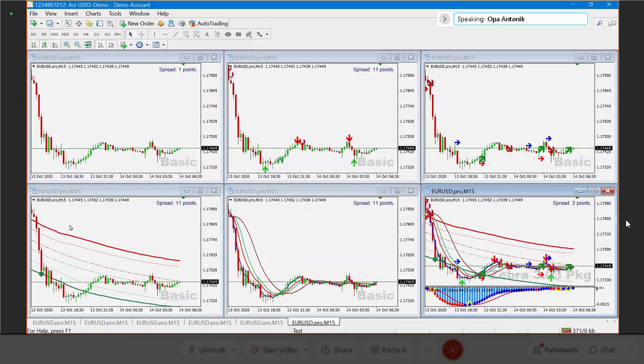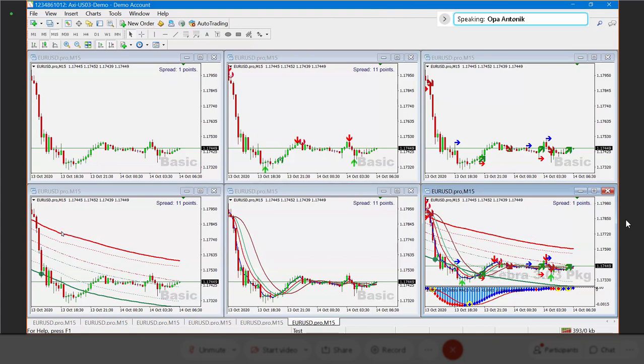Now, this doesn't have the auto channel higher time frame on this chart, but it's easy enough to put on, which gives us more confirmation. So now the channel is basically telling me we were in extreme.